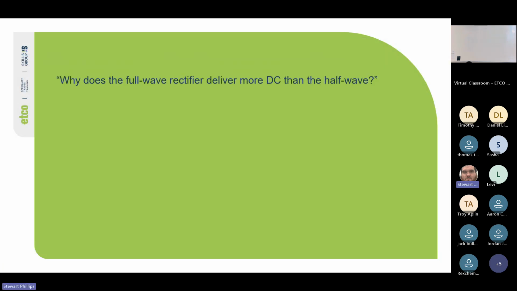Why does the full wave rectifier deliver more DC than the half wave?